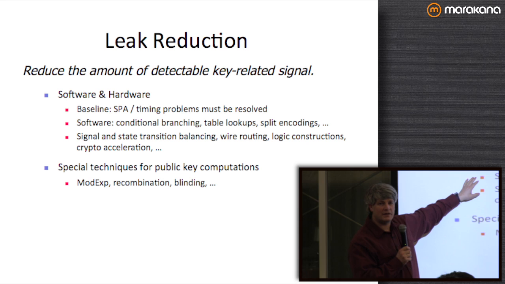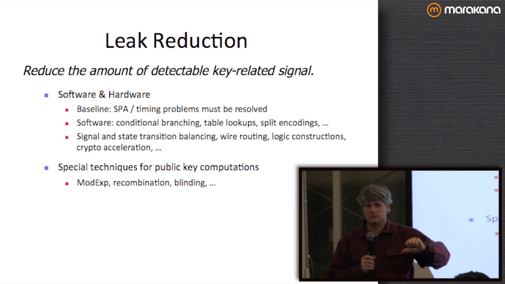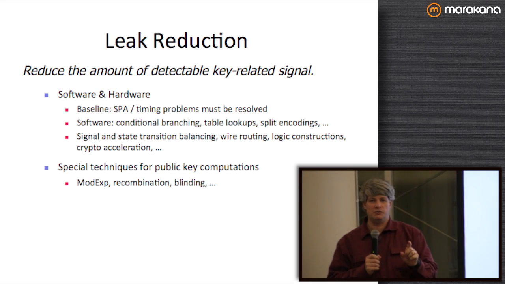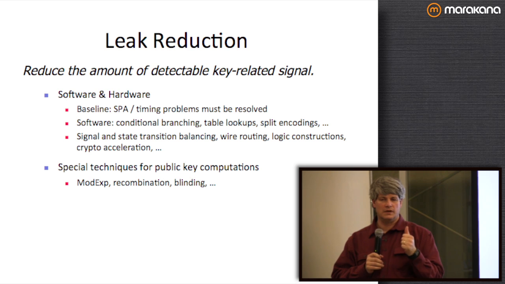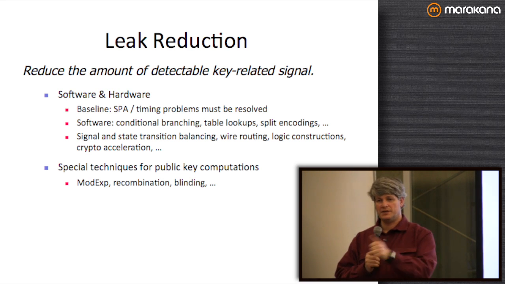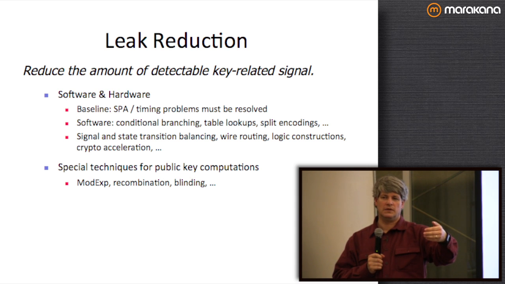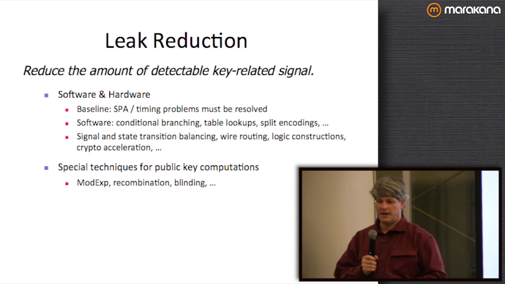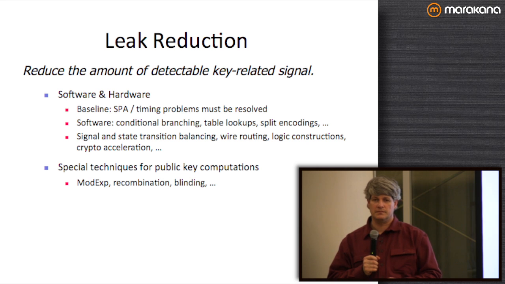You can do things like balance your logic. So one way to do it would be if you're writing a 1 in one place, you can also write a 0 in another place. If you're doing an XOR operation, you could do the complement of that XOR in another place.